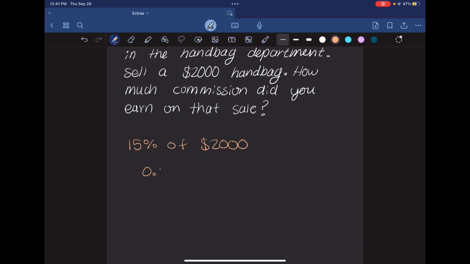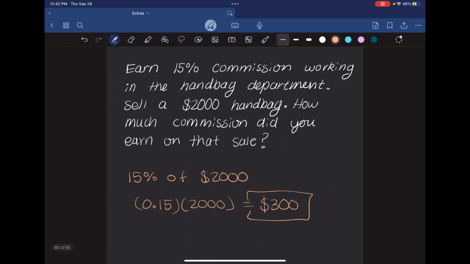So we take 0.15 and we multiply that by 2,000, and we end up getting $300. So that would be the amount that's tacked on to your check at the end of the month from selling that $2,000 handbag, in addition to whatever hourly rate you're making.